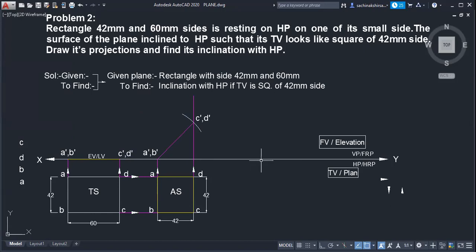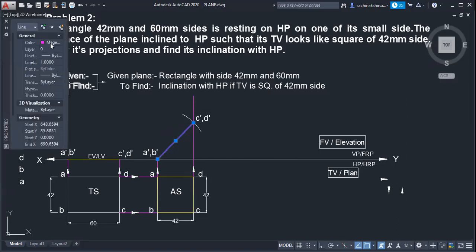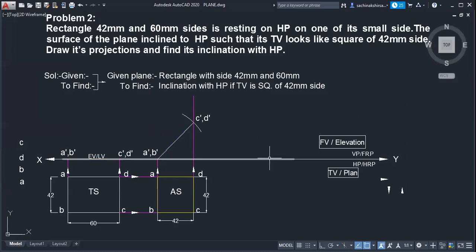And what do we have to measure now? Its inclination, the angle, we have to measure. Shall I measure the angle, or will you measure and tell how much it is? 45.